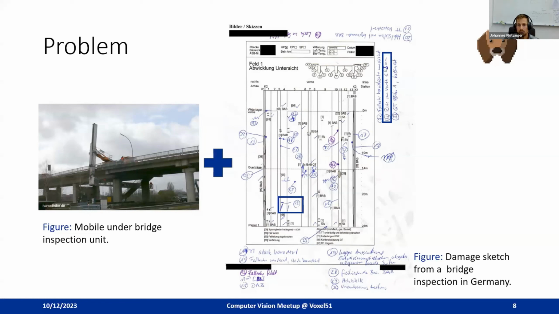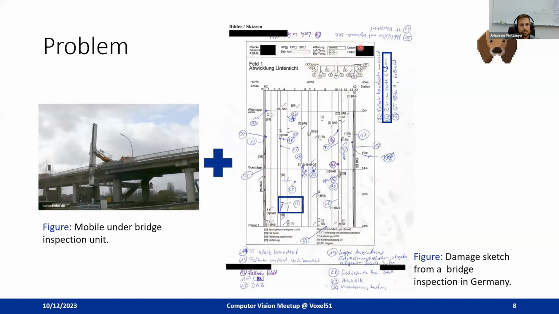This damage sketch in particular shows a three T-beam cross-section, and it basically represents the bridge flipped open along its longitudinal axis. You can see here the vertical lines, they represent the edges of the cross-section.